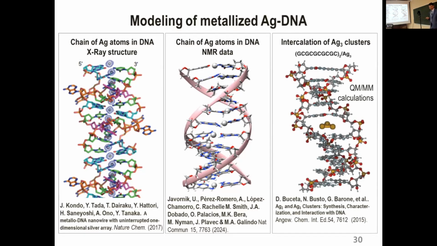And there are some experimental results and quantum chemical calculations, quantum mechanics, molecular mechanics calculations, showing how this argentum cluster can be intercalated between nucleotide pairs. So this is also a very promising field of research. And always, in the case of these papers, in the case of these systems, it is expected that this system will have some special characteristics for conductivity.